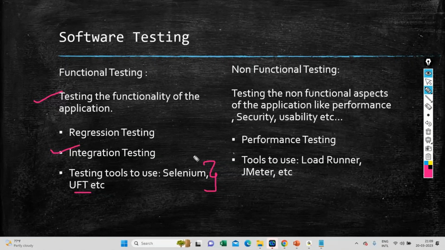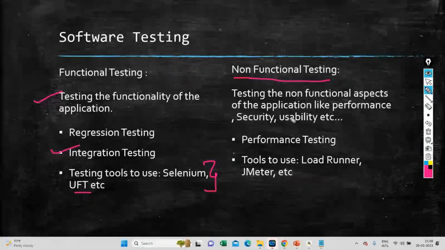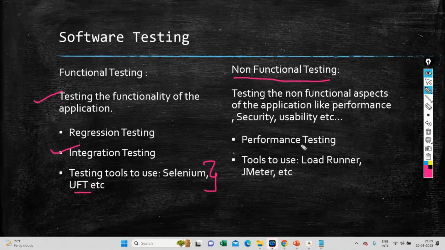Then there is something called non-functional testing, which focuses on things like performance, security, etc. What do you mean by performance? The primary focus is not on the functionality, but rather on the performance. Let's say you want to share a post.